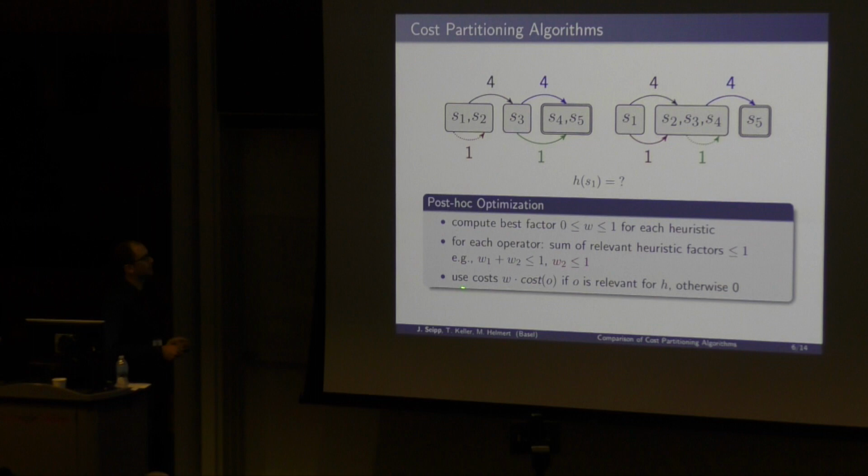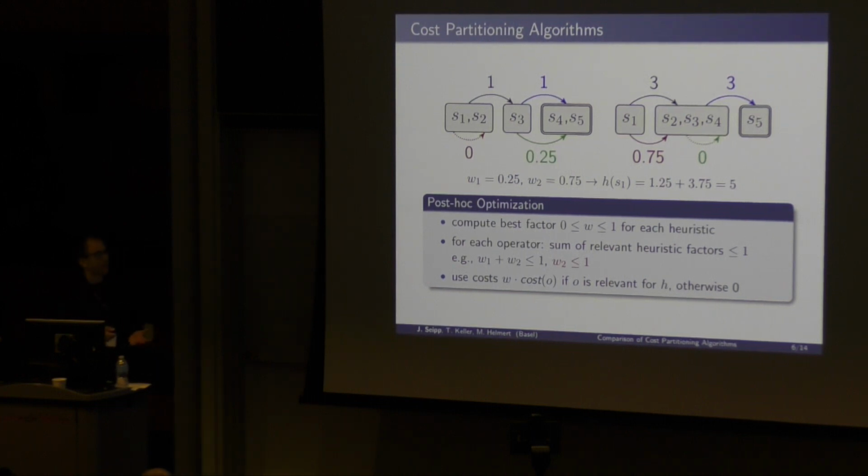Then we use the cost W times the original cost if the operator is relevant for H, otherwise we just use 0 costs. What does this mean for the two abstractions? We have seen that this is the tightest constraint, so we have to ensure that the two weights sum to at most 1, and we can use any partition of 1.